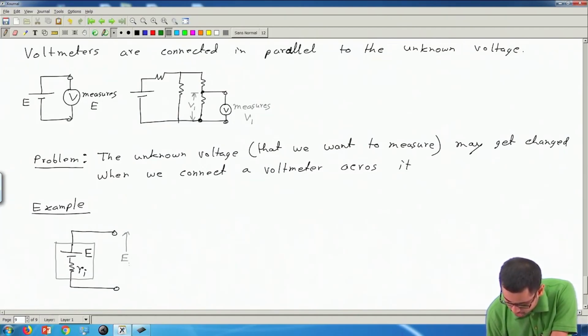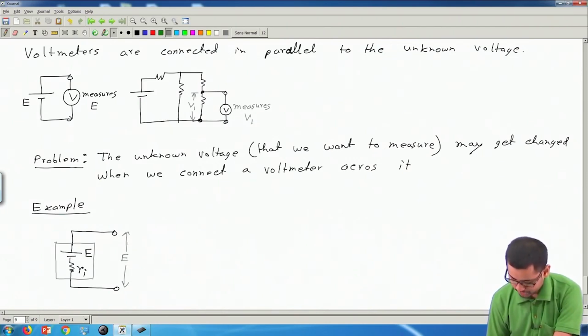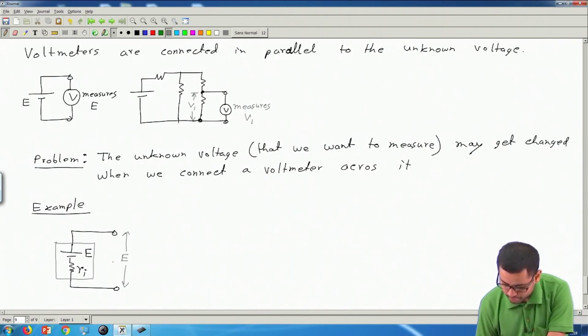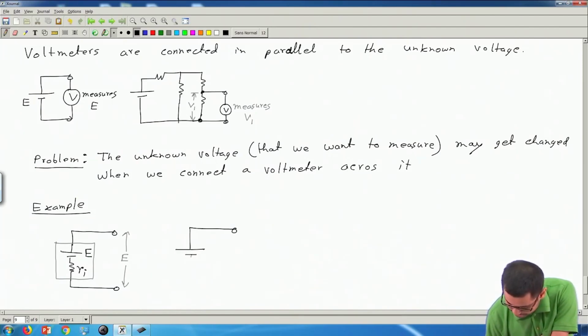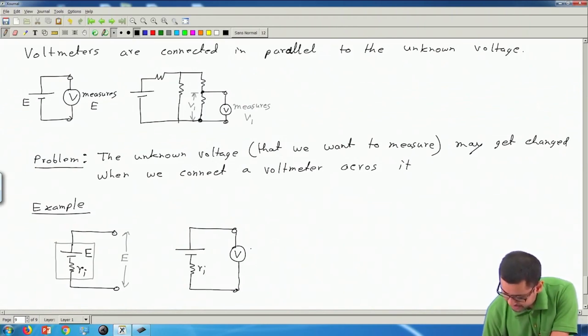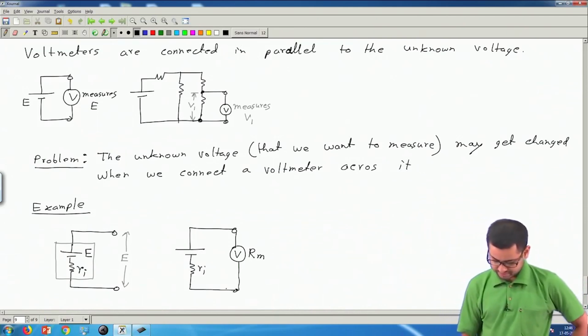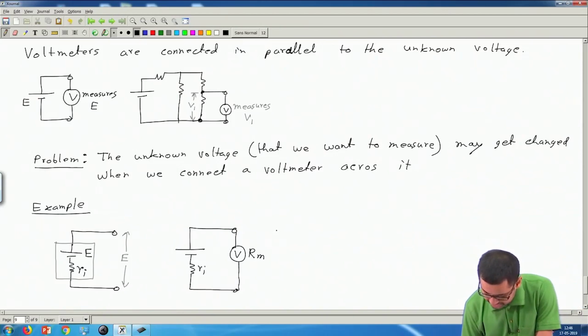This should also be equal to E. So the potential difference between these two terminals is E. But now if we want to measure the value of this potential difference using a voltmeter, we have to connect a voltmeter between these two terminals like this. Say the internal resistance of this voltmeter is Rm, Rm for meter resistance. Now the question is, what will be the reading of the meter?